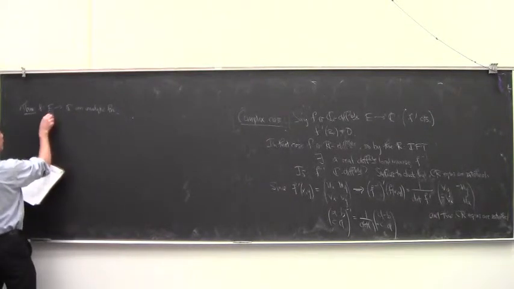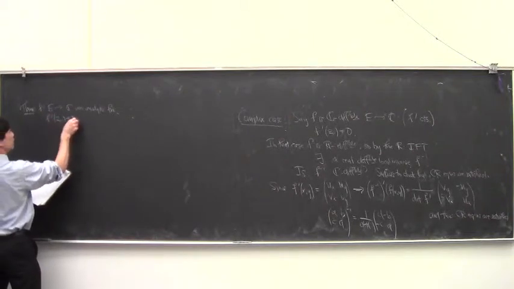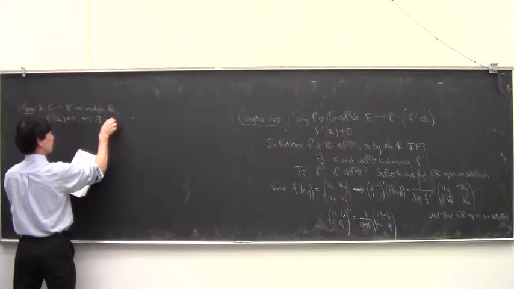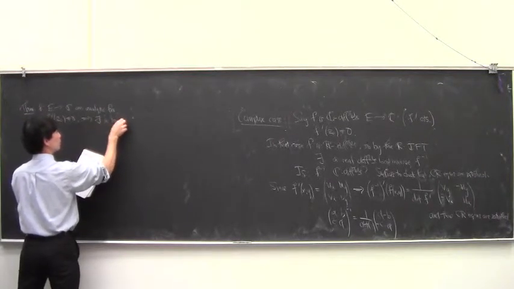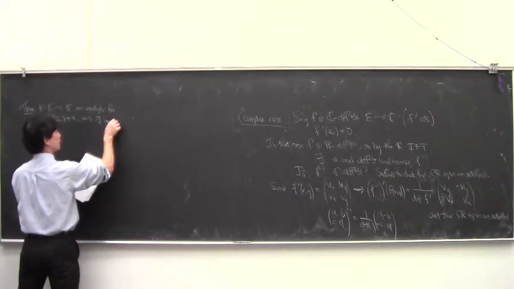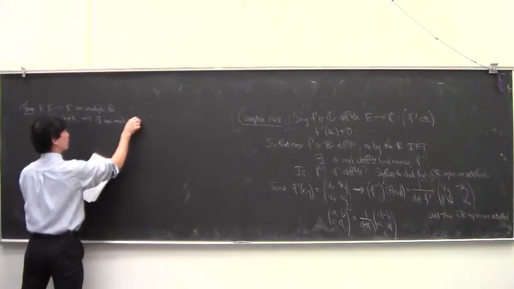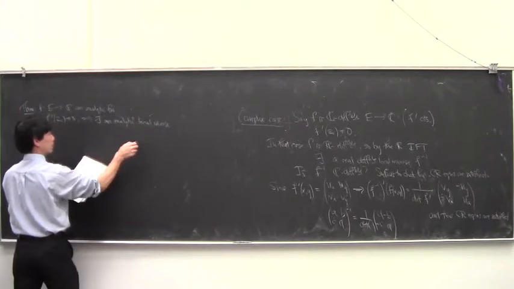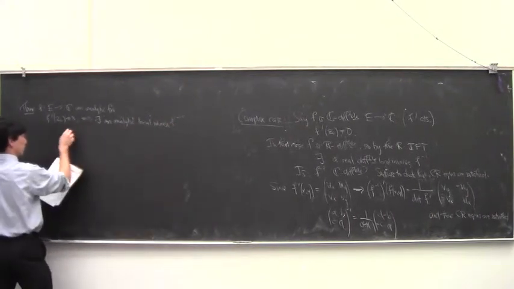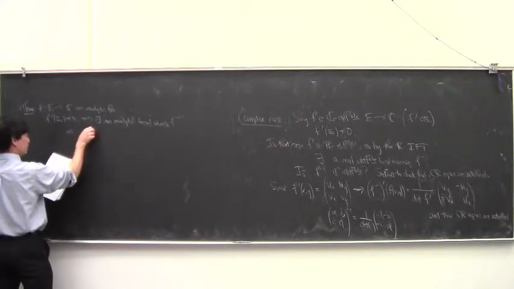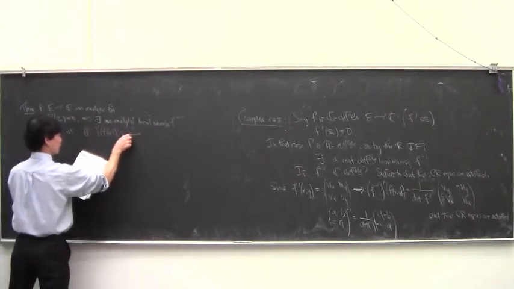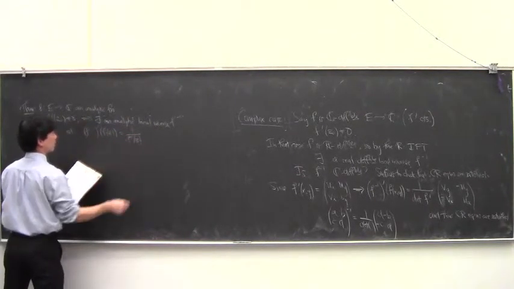If f prime is non-zero, then there exists a local analytic inverse f inverse whose derivative behaves as expected.